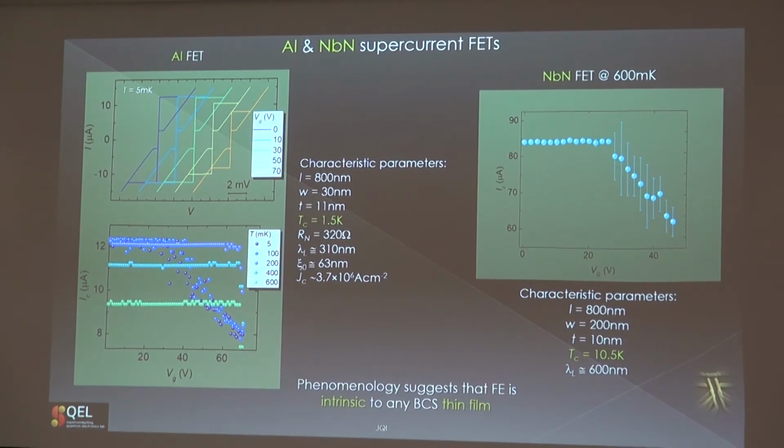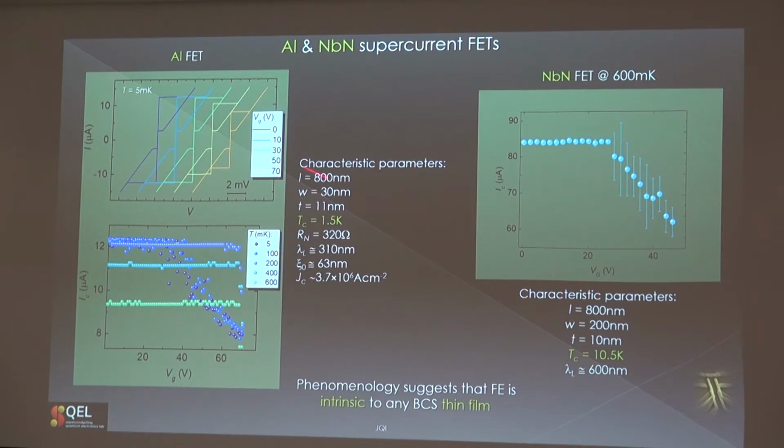We tested something very similar on aluminum-based and niobium nitride-based supercurrent field effect transistors. Here on the left, we have aluminum FETs, okay? So here we are able, just with the backgate on conventional aluminum with a critical temperature of 1.5 K, to reduce the critical current by almost 40%, at a temperature up to 400 millikelvin.